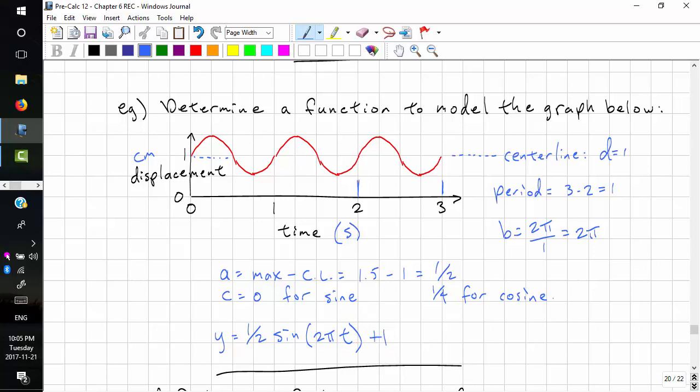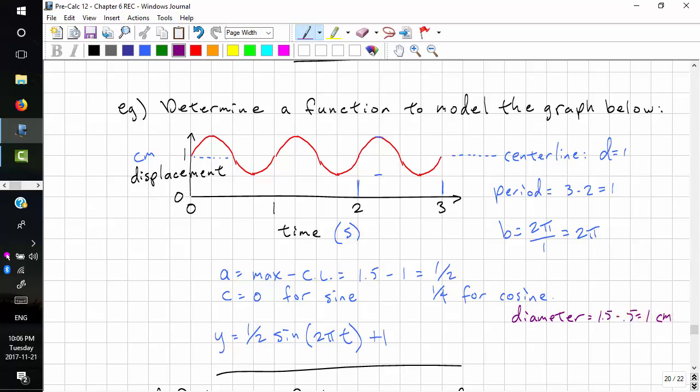So let's use the common Ferris wheel example. If we were asked to find out the diameter of this Ferris wheel, it would be a very tiny Ferris wheel. We would measure from here to here for the diameter. So we would say diameter is 1.5 minus 0.5 equals 1 centimeter.